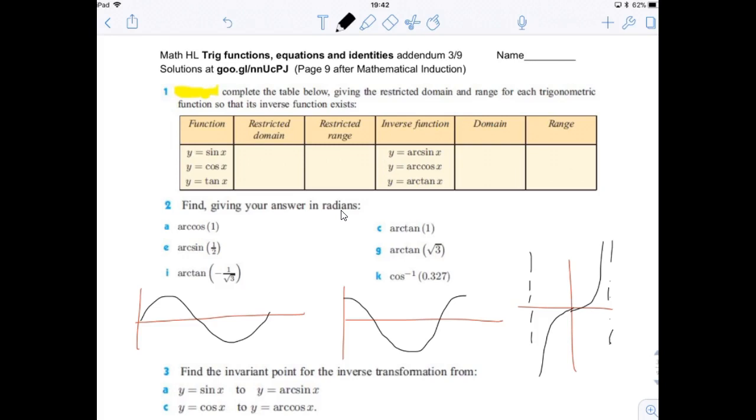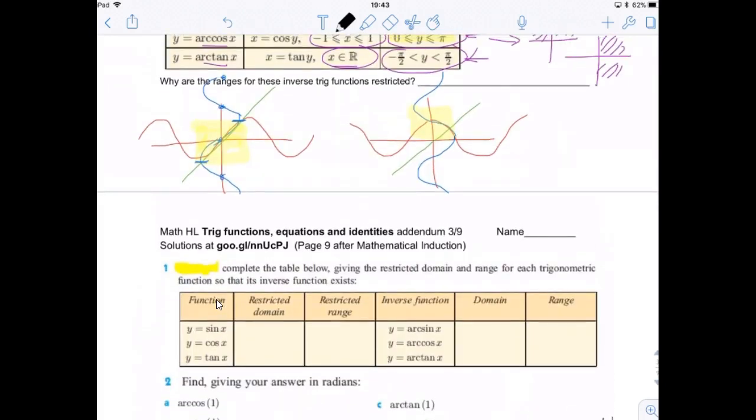Even though the sine function, cosine function, and tangent function have domains that are all real numbers, except for the tangent function, which has the exception of the asymptotes, obviously, when you take the inverse function, when you reflect these functions about the y equals x diagonal line, like we did on the previous problem, you're going to have a situation where the reflected functions are not functions because they don't pass the vertical line test anymore, right?